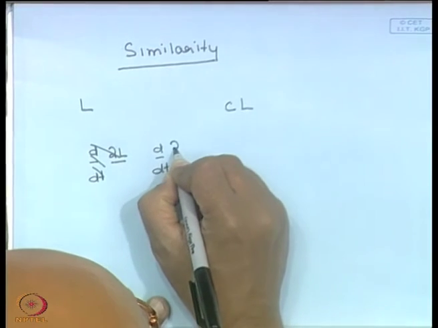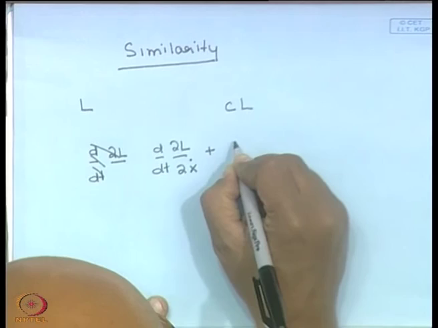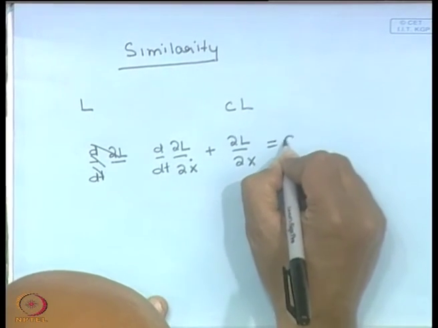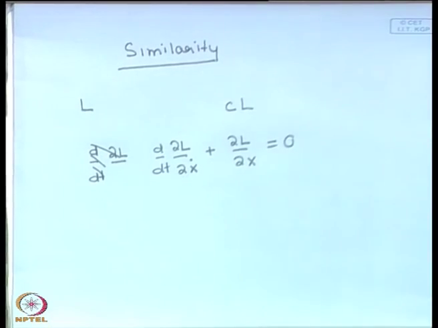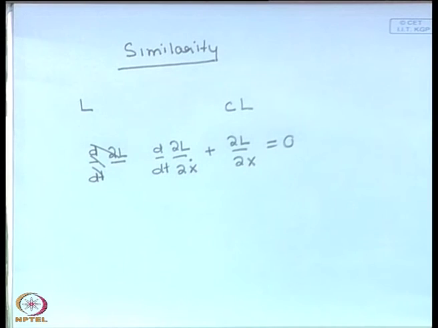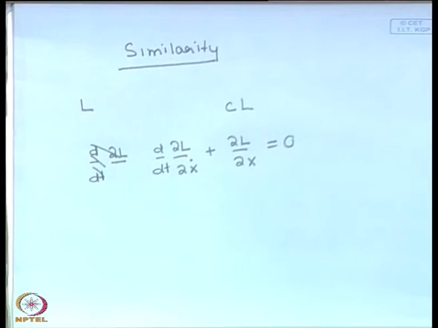Let me write it down. This equation of motion, if I multiply the Lagrangian with a constant, is unchanged. Just the constant goes out. It's a very trivial statement, but we shall start from this.